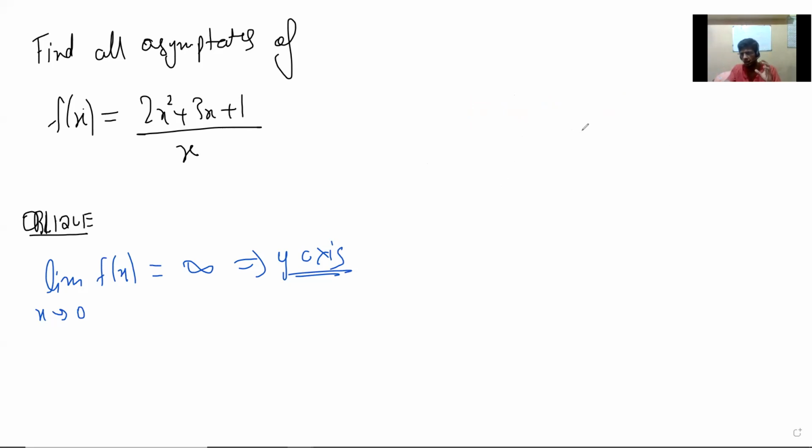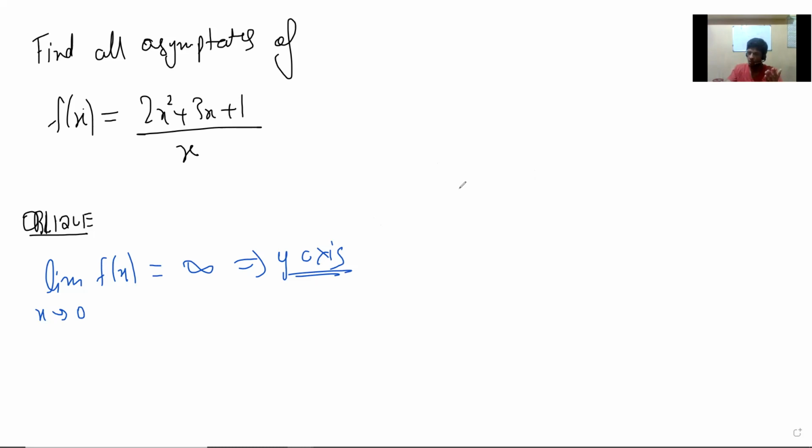Let's just work it out from the meaning of asymptote, the clear conceptual meaning we have learned today. If we apply that, do you see that the y-axis is an asymptote? Because you basically see at what point the function shoots to infinity. First question: at what finite point does the function shoot to infinity?